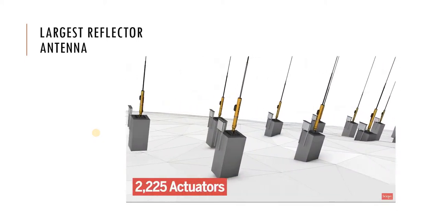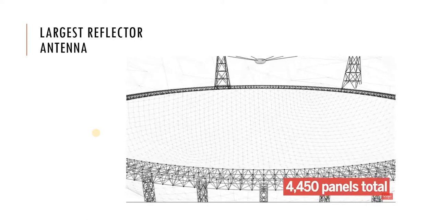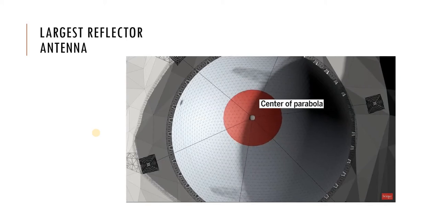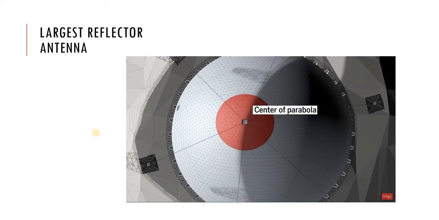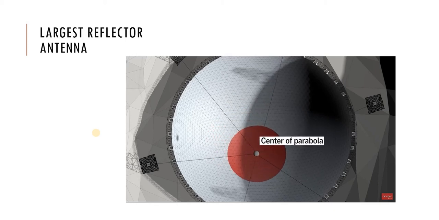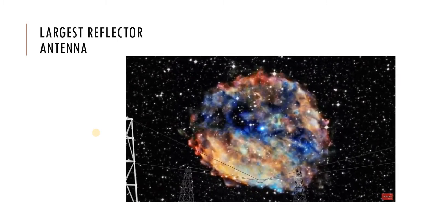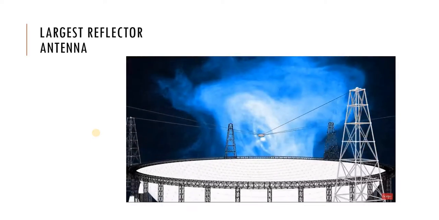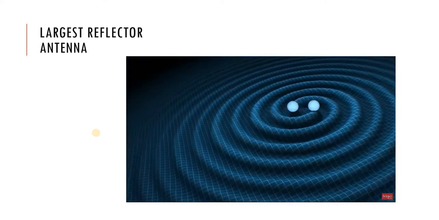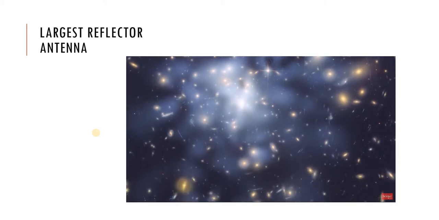An array of actuators pull a 300-meter section into a temporary shape. This can be aimed at and track cosmic objects as the Earth rotates. The receiver moves in concert with the axis of the parabola. This brings the benefits of a rotating, tilting antenna to a dish that is firmly fixed in place. Single dishes excel at observing point sources like neutron stars and at scanning a multitude of frequencies in the search for extraterrestrial intelligence. When it comes online, the world's largest radio telescope will also catalog pulsars, as well as probe gravitational waves, dark matter, and a recently discovered phenomenon called fast radio bursts.